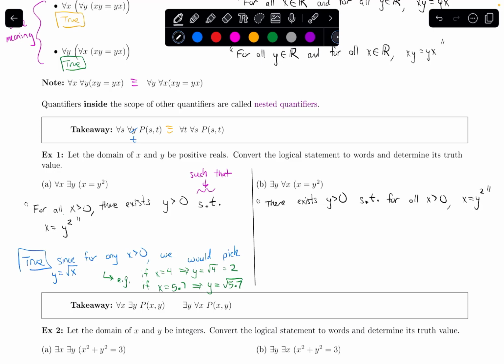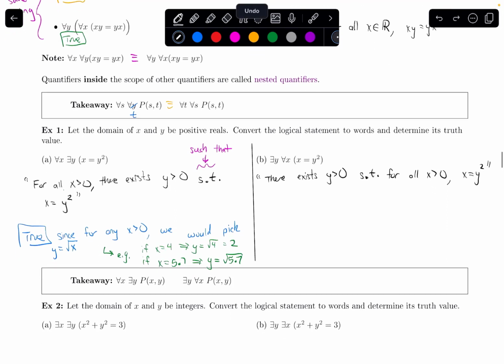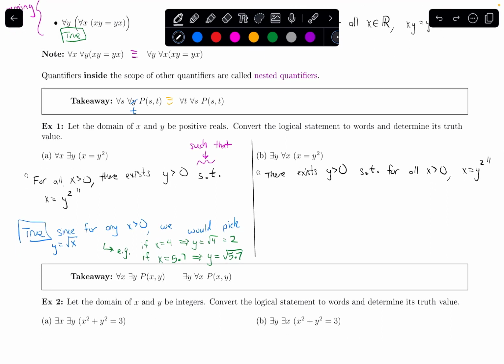So is it the case that there exists some positive number y where for all positive numbers x, x is going to be equal to y squared? Well, this is different. This is false.